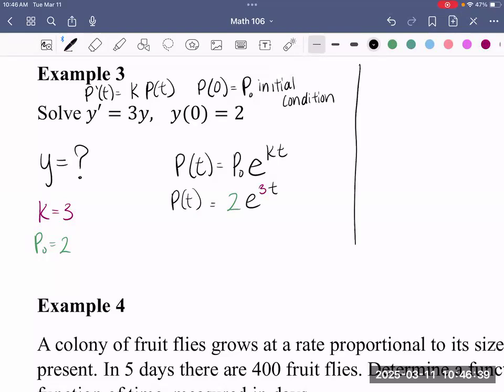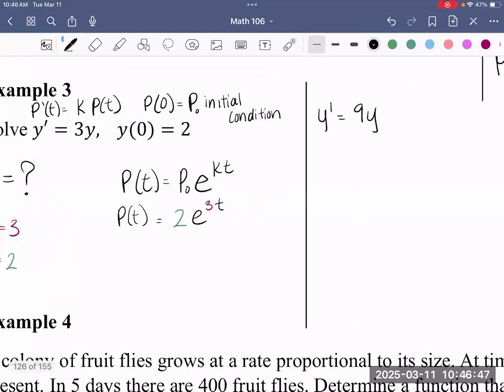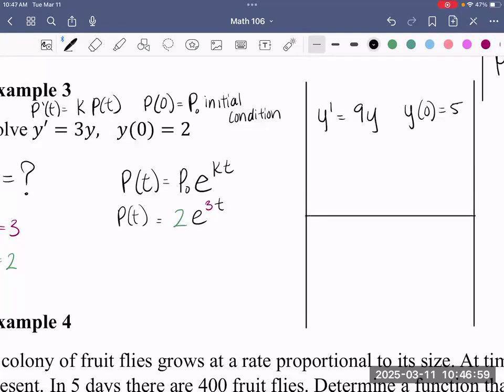Let's have you try it again with a few more, just really quick examples. I'm just going to give you a little bit here. Try that one out, and I'm going to give you one more. So this is your k. This is your P naught.